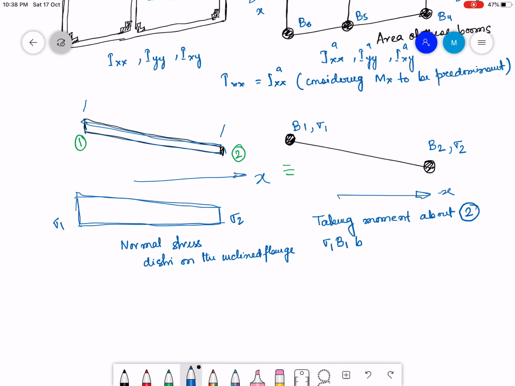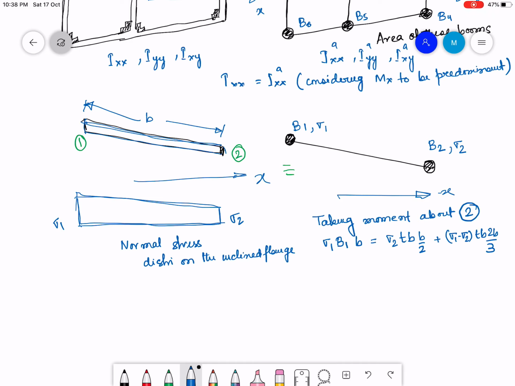Sigma 1 B1 b is going to be sigma 2 into thickness into b by 2 plus sigma 1 minus sigma 2 into t into b into 2b by 3, right?